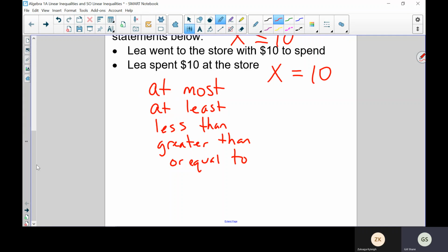So all of those things are the keys, and it's an inequality right there. I'll just say inequality hints, and then in word problems.